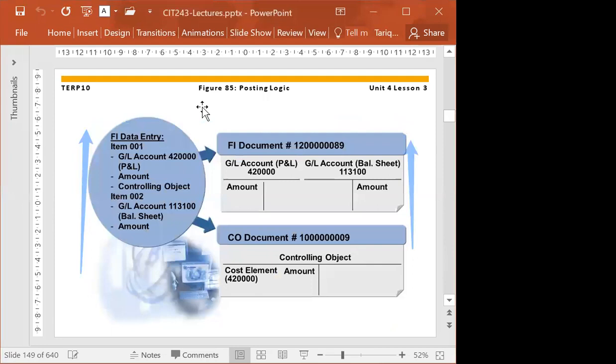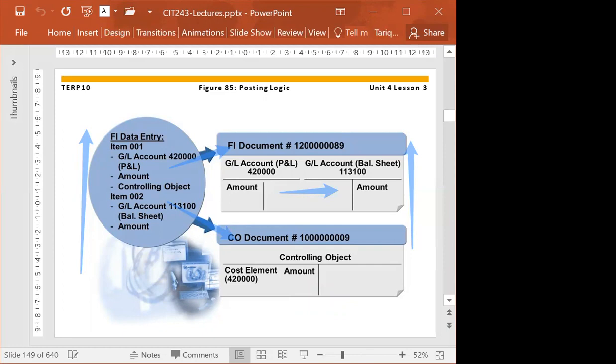Now, in this slide, you see that the transaction happened in finance. When we move that transaction, it goes as a single entry into the cost. In finance there is a debit and credit amount. We are debiting one account, crediting another account. But when it goes to the controlling, it goes as a single entry, the cost element. So when we post an entry in finance to a GL account, it could be either expense or revenue.